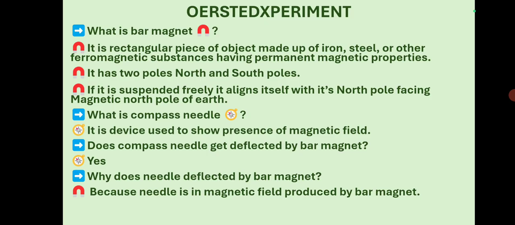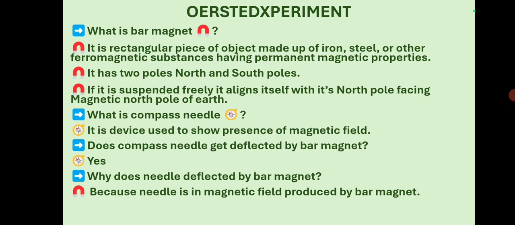Now next, what is a compass needle? It is specially devised to detect magnetism or a magnetic field. If a magnetic field is present in that particular region or space, it deflects. If not, it will be in a rest position.